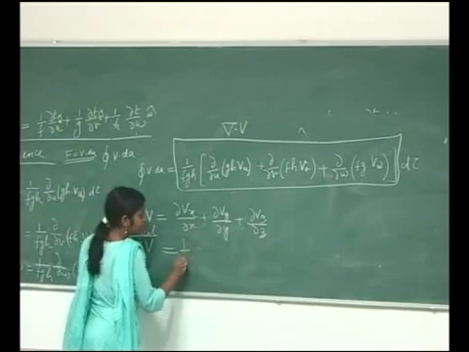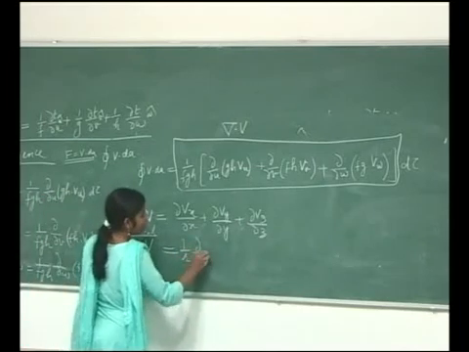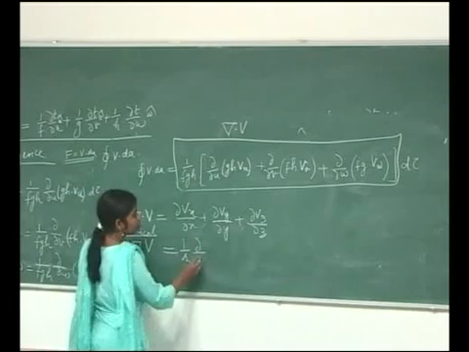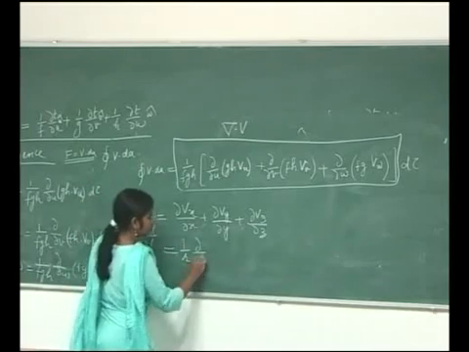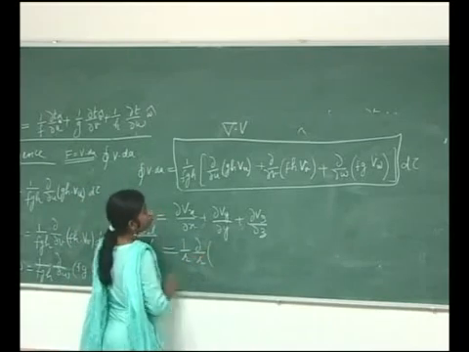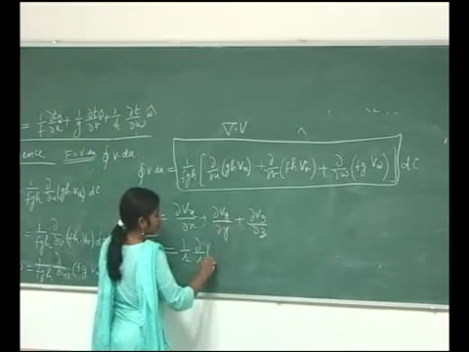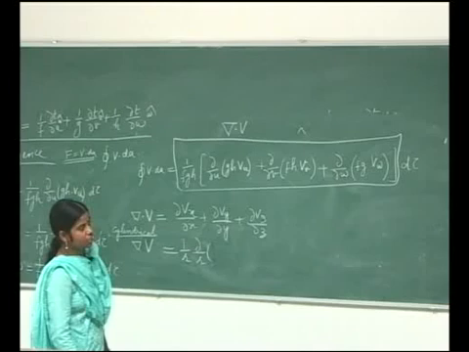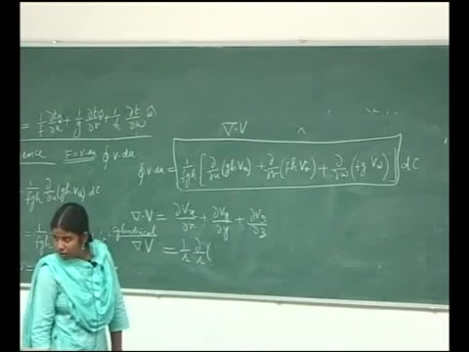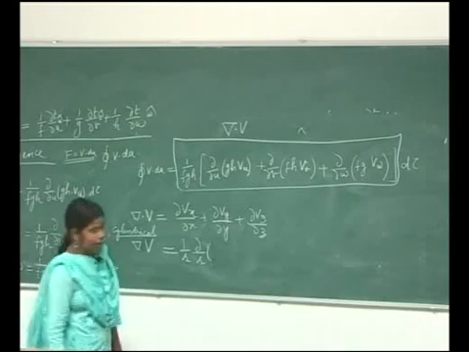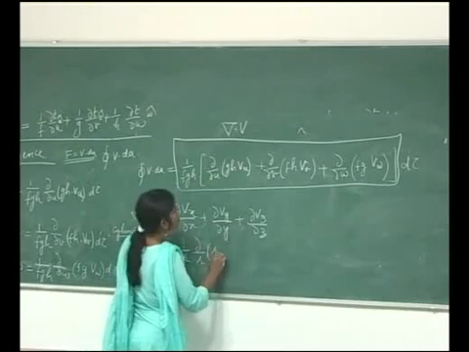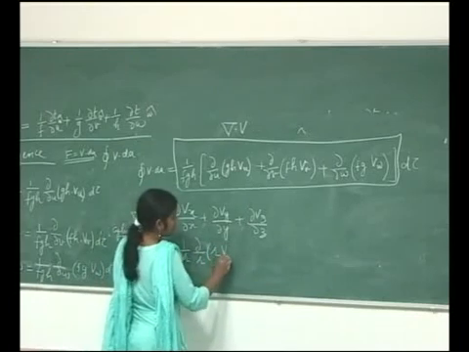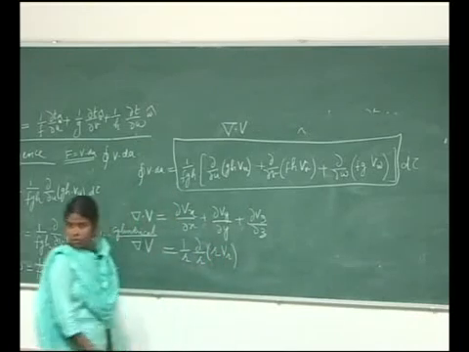So I have 1 by r del by del u of GH. What is GH in the cylindrical system? H is 1, G is r. So I have r and Vr.